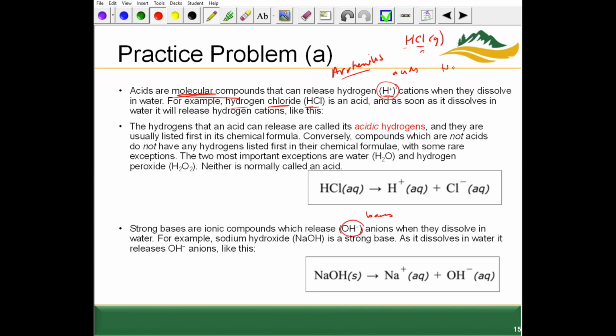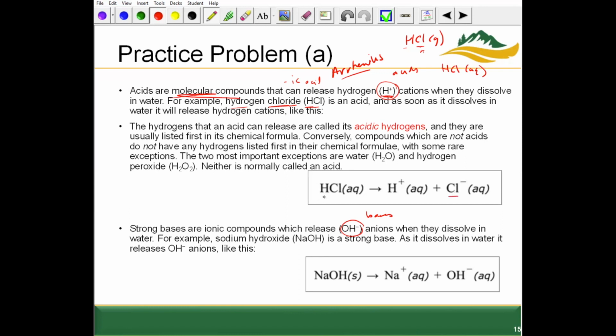However, if HCl is dissolved in water, we can call it by its acidic name, hydrochloric acid. We dropped the ending IDE, changed it to IC, and added the word acid. As soon as it dissolves in water, it will release H+ cations and leave the counter ion Cl-.